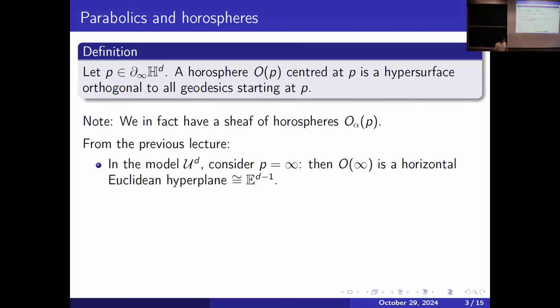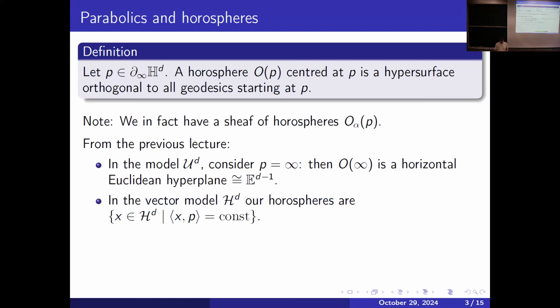In the previous lecture, we discussed that in the upper half space model, we can take P to be infinity, and then any horosphere is just a horizontal Euclidean hyperplane. This can be identified with the (d-1)-dimensional Euclidean space.